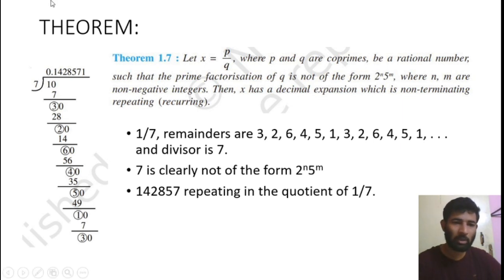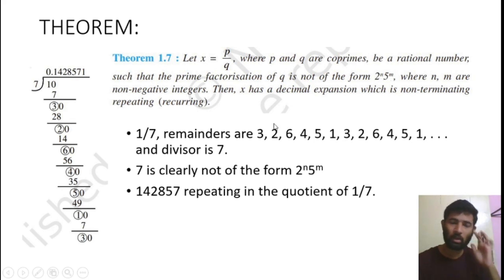With this example you can understand that 1 by 7 is of the form p by q, and q is not equal to 0. 7 cannot be factorized in the form of 2 power n into 5 power m.